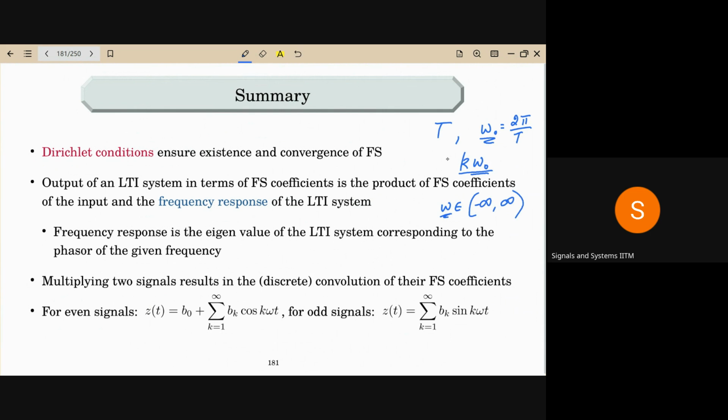As you can see here, you can enumerate the frequency components that are present. You can say omega naught, 2 omega naught, 3 omega naught, and so on. You can enumerate and construct a series of this form, in this case with e power j k omega naught t.